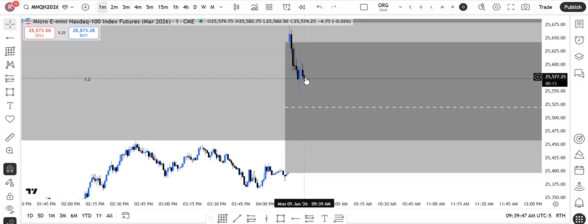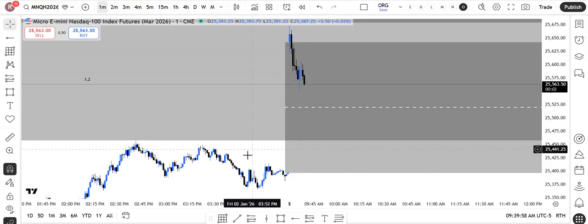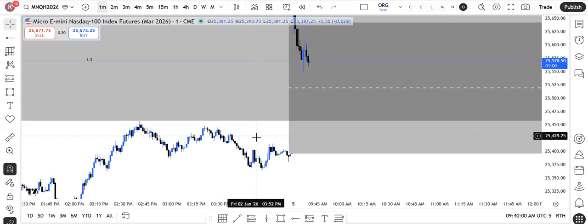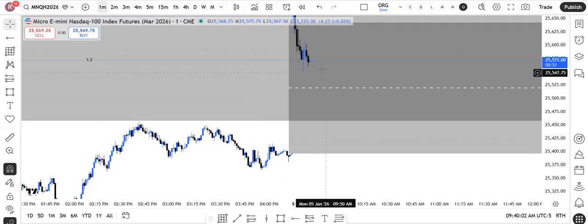Once this candle closes below this opening price, what I would like to see is it not trade above the midpoint of this wick and gravitate towards the middle of the opening range gap. That's what I would like to see. I want it to stay heavy.